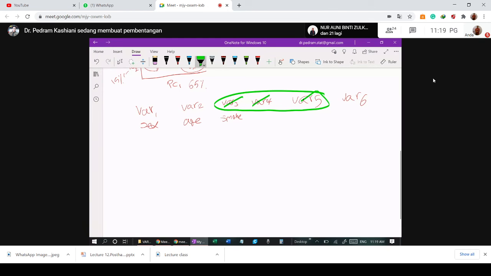These three, this one and this one, are related to health science, to the health of the individual. So I can divide my variables into two factors. One factor is mental health, for example. Another factor is, for example, physiological.